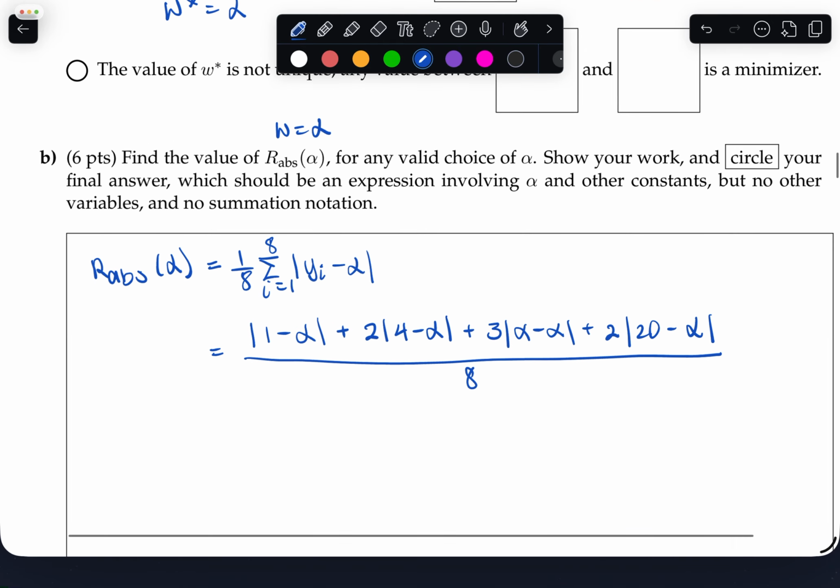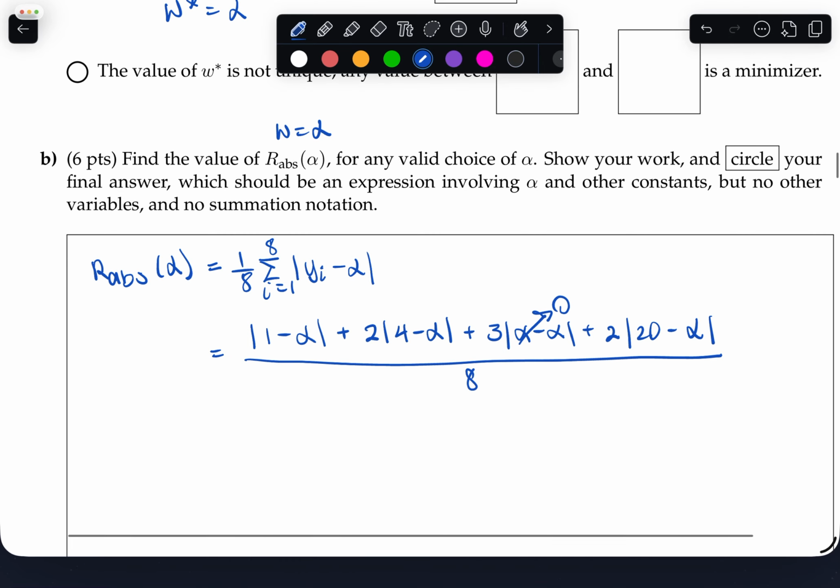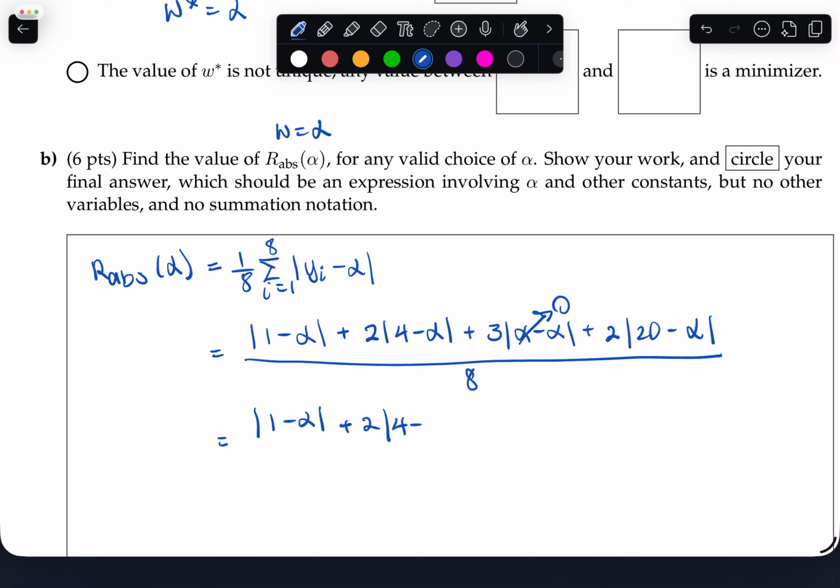So we can see that for the 3 terms here, alpha minus alpha is 0, so we can cancel those out and simplify this down further. We get these terms remaining in the numerator, all over 8.